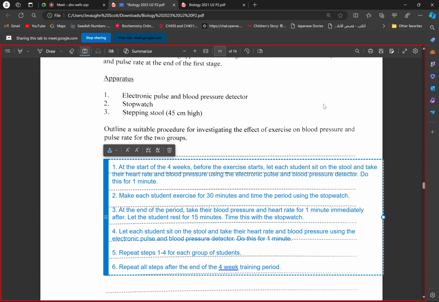Sir, so that we can have an idea of the person's heart rate and blood pressure in a controlled time. Define heart rate. Sir, the number of beats per minute that the heart makes. Lovely, that's how we do it for 1 minute. Look at you putting in the correct information.